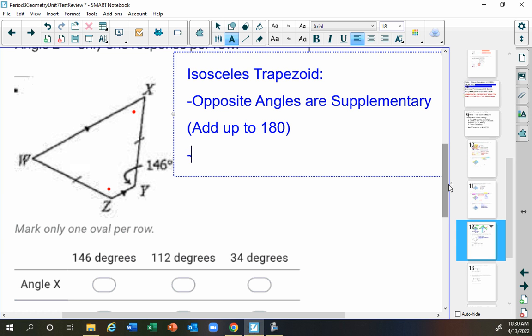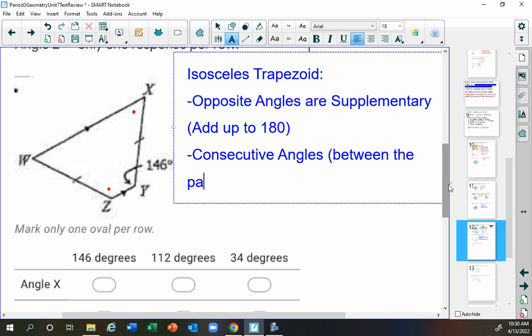Now, the other thing, you got to be real careful. Consecutive angles between parallel lines are supplementary.